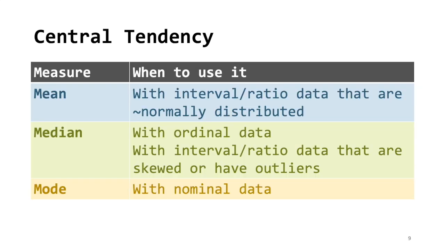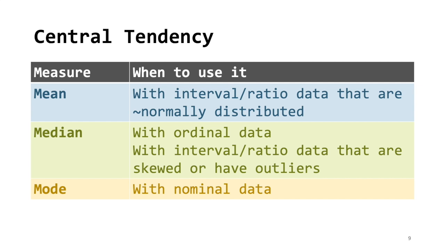So it depends on what kind of data you have that'll determine which one of these is most useful. So the mean, you're going to need interval or ratio data that are roughly normally distributed, which is kind of a bell curve where it's symmetrical on both sides. So you don't have really extreme outliers on one side or another.